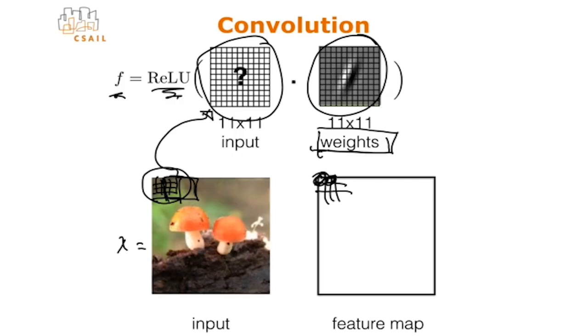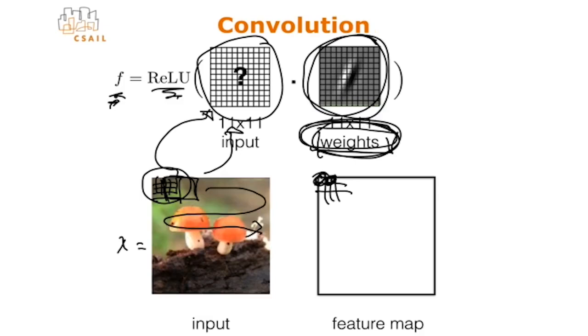Now we get a new patch as an input, apply the same weights that we have, get a real number and put it there, and so on. In each location we have a patch, we run it through the classifier, we get a corresponding value in the feature map. So now I have defined a layer 1 transformation that's extremely efficient in terms of the parameters.